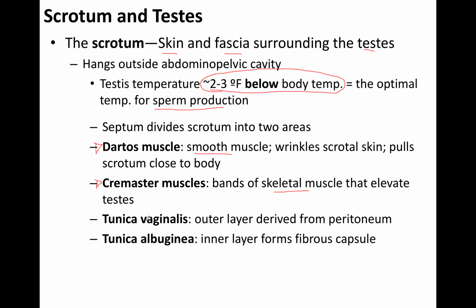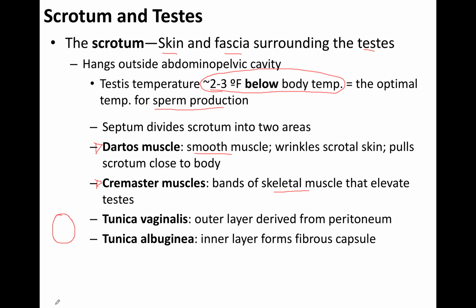So surrounding the testes themselves, you're going to have two different connective tissue layers. You're going to have a testis, which is kind of circular in structure. And then surrounding the testis itself, just to protect it all, is going to be a layer of fibrous connective tissue like that.